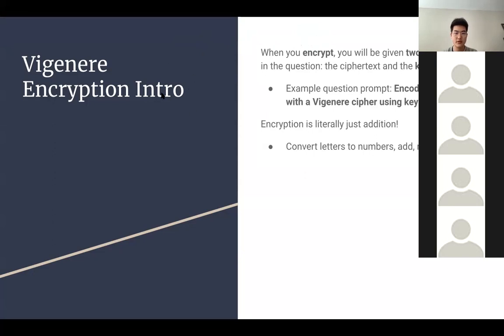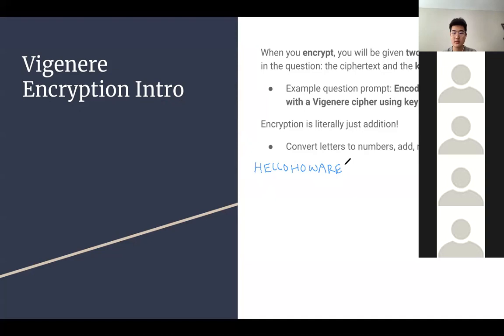So I'm going to extend our message a little bit just so I can demonstrate a little better. I'll just say, hello, how are you? And I'm not doing any spaces here because for most math ciphers, spaces are negligible.